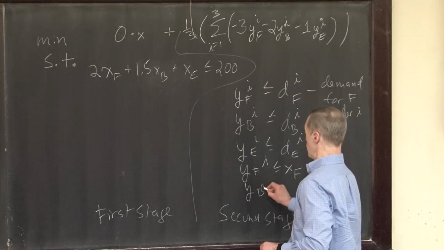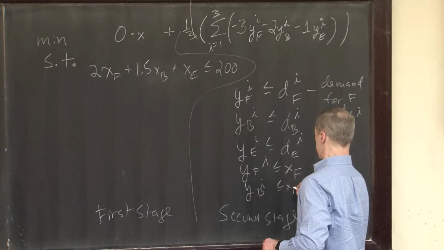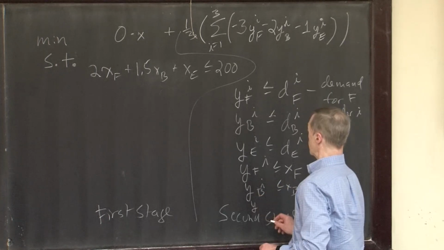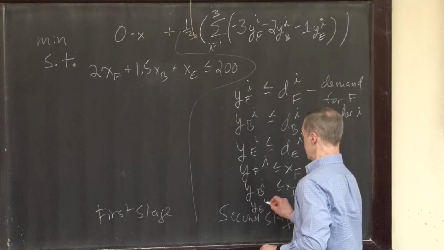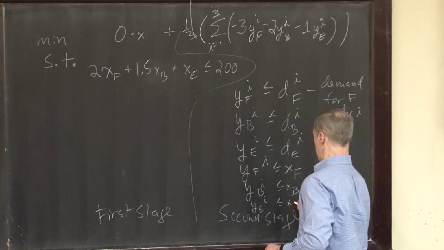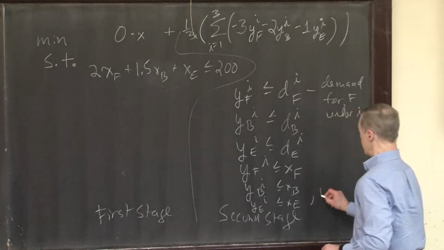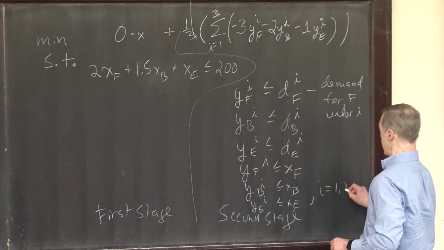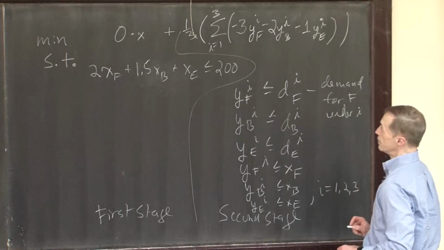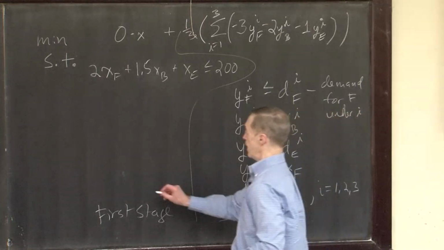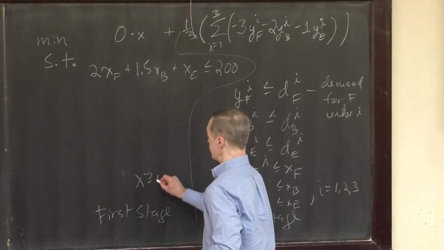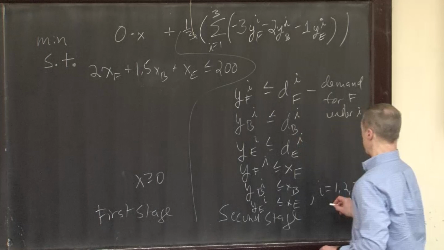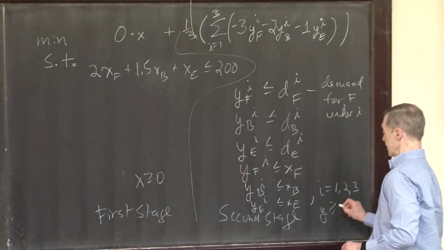I can't sell any more than the business class. And I can't sell any more than the economy class that I put in the plane. And all of these constraints hold for i as 1, 2, and 3. And then the x variables are all non-negative, and the y variables are all non-negative.